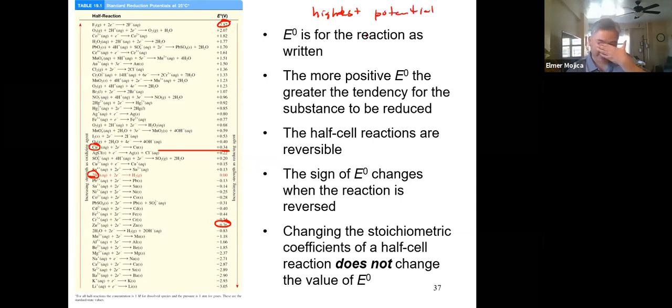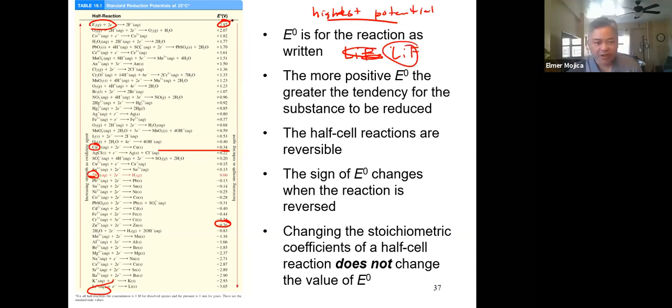A battery that gives you the highest potential. Are you familiar with lithium battery? This combination is the one that will give you the highest potential.